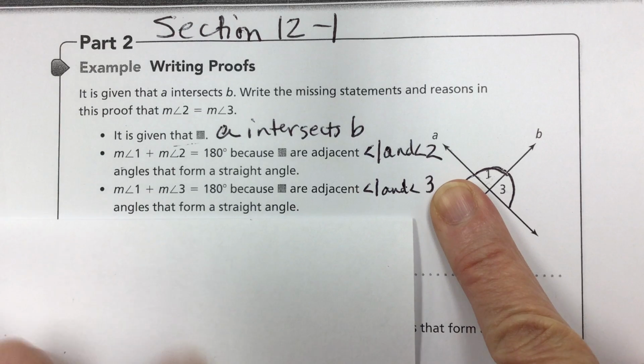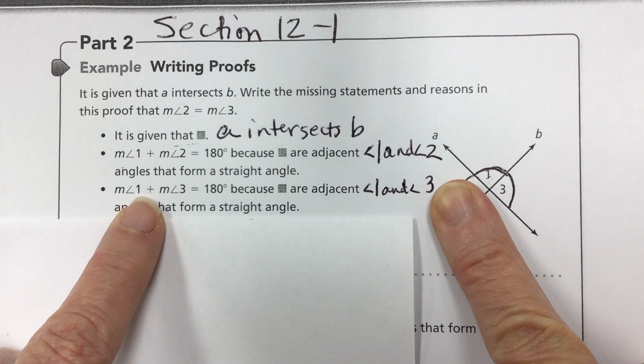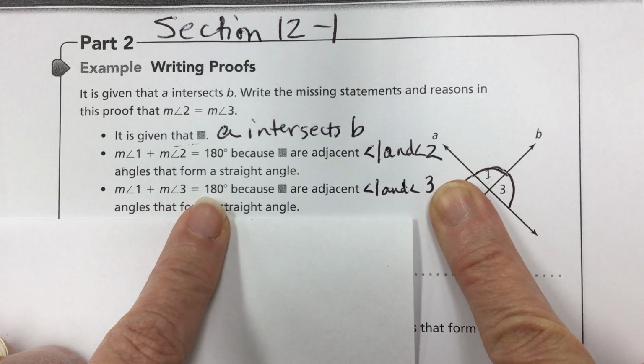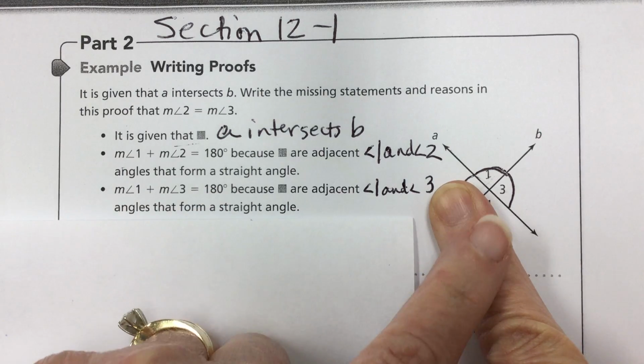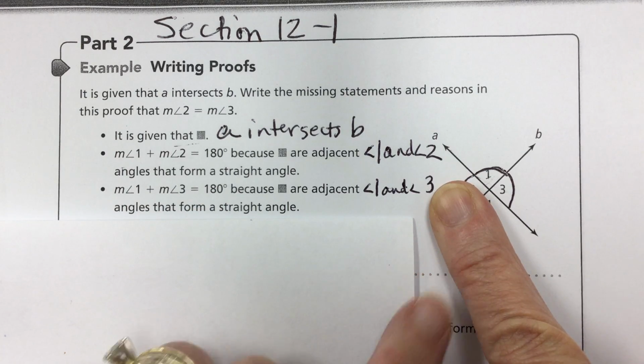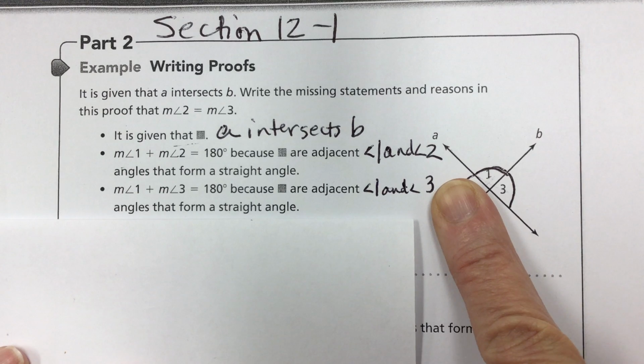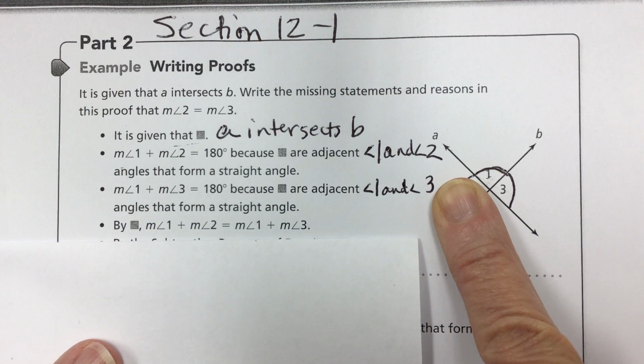That's the reason why we can say that the measure of angle 1 plus the measure of angle 3 equals 180, because these two angles, 1 and 3, are adjacent and they form a straight line. Therefore, those two angles add up to 180. We could also say those two angles are supplementary. Okay? All right, let's continue.